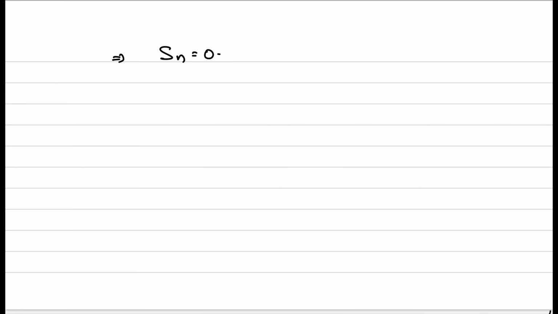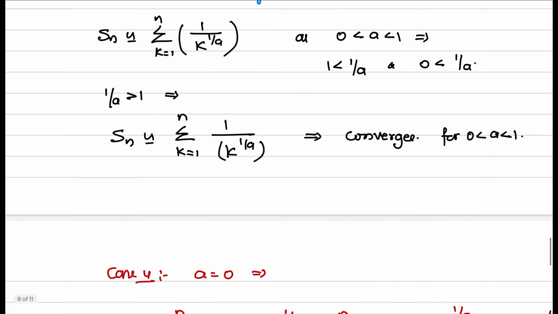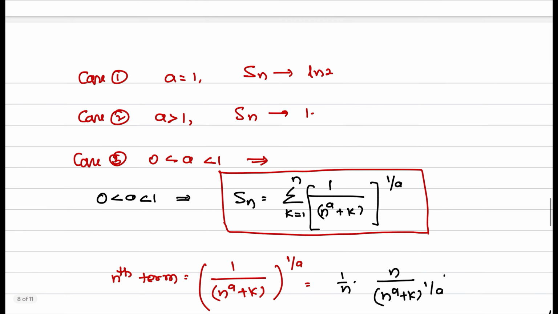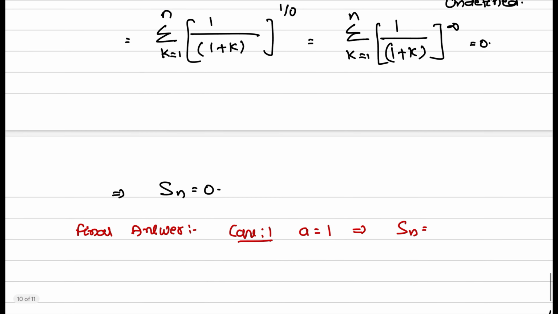The final answer is, in all the 4 cases: case 1, a is equal to 1, it implies Sn is equal to ln2, as we have written just now.